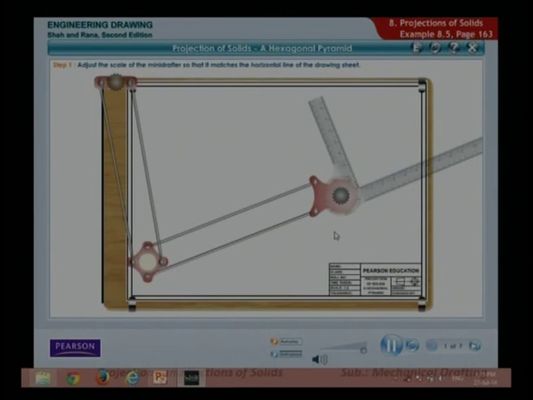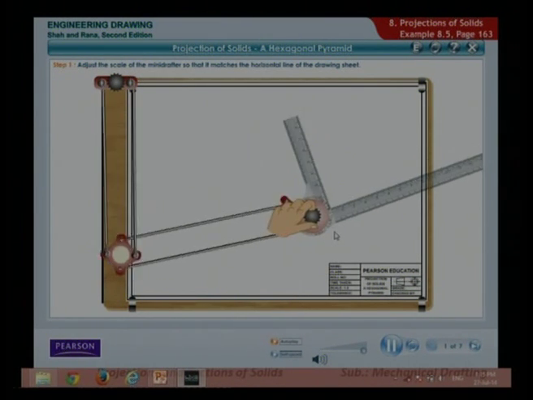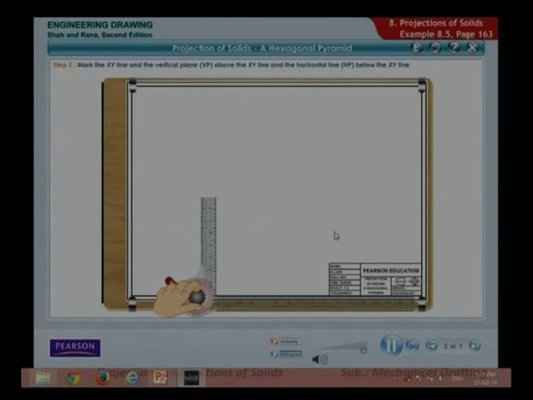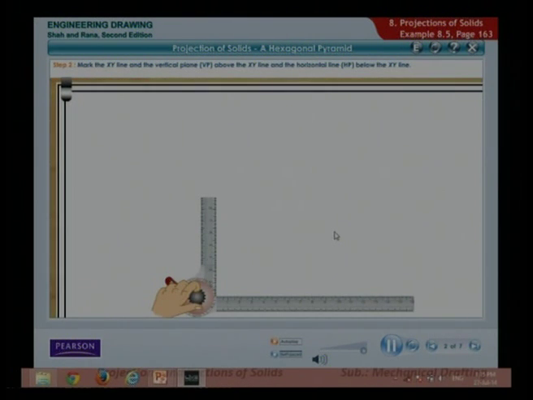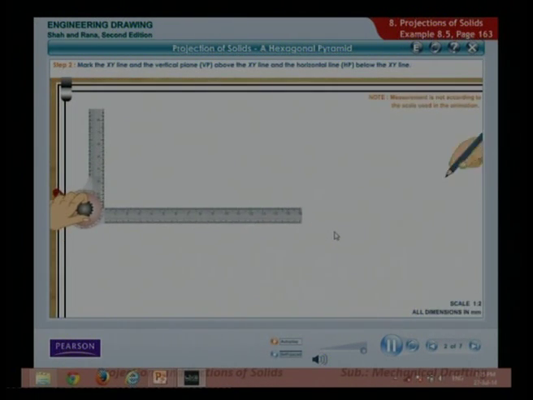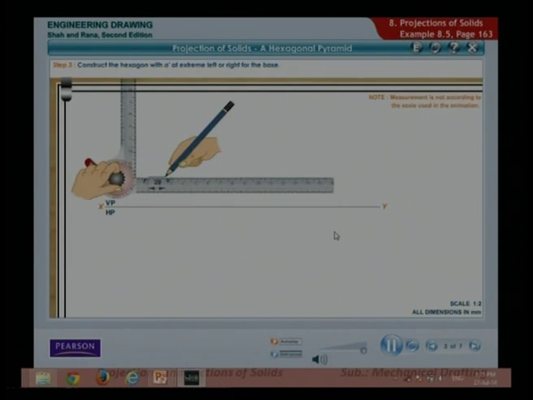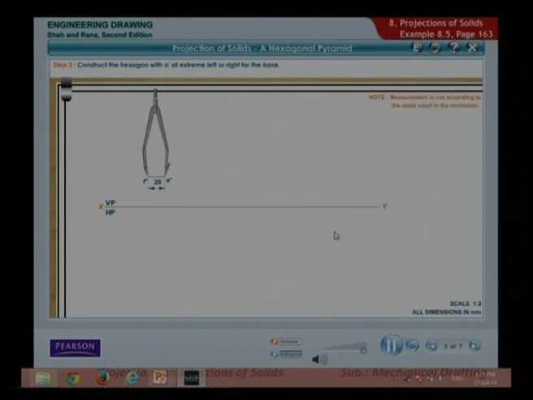Adjust the scale of the mini drafter so that it matches the horizontal line of the drawing sheet. Mark the XY line and the vertical plane VP above the XY line and the horizontal plane HP below the XY line. Construct the hexagon with A' at extreme left or right for the base.